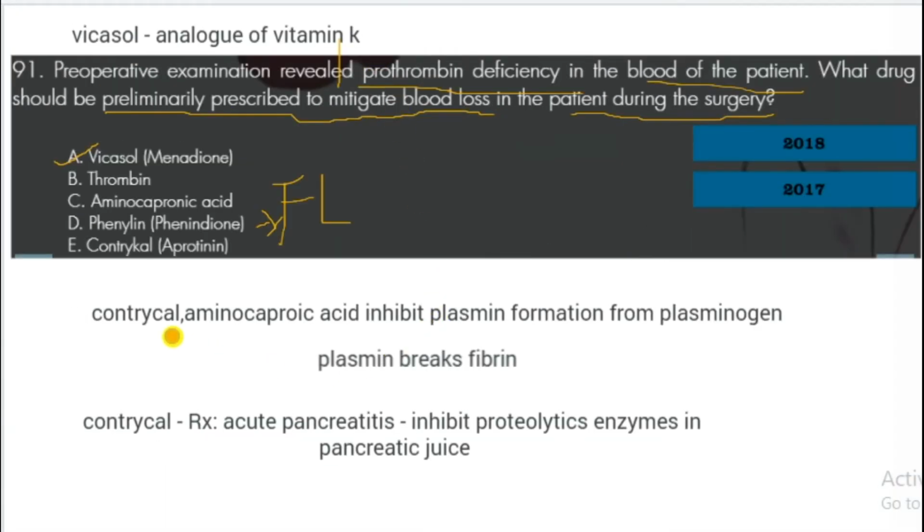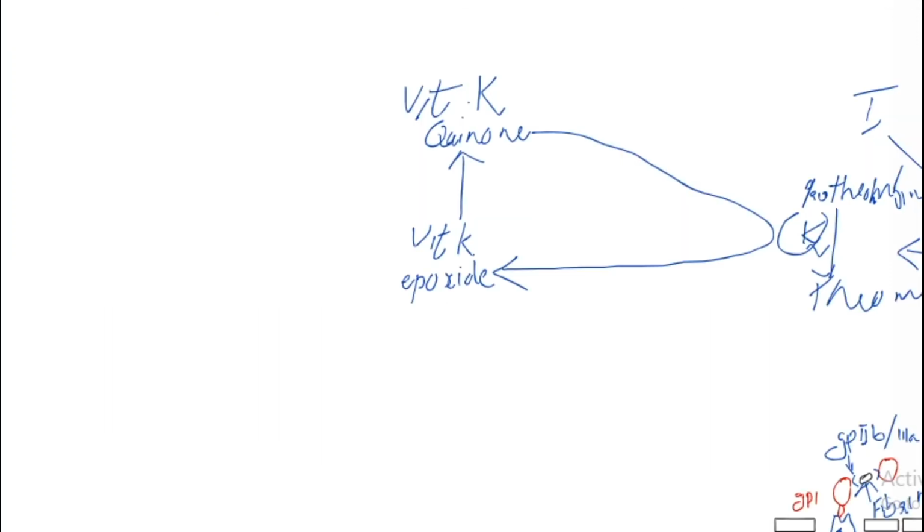So I want to discuss how Contrykal and aminocaproic acid inhibit plasmin formation from plasminogen, and also what the function of plasmin is. It breaks the fibrin. Okay, let's discuss. What we know: we have the intrinsic pathway and extrinsic pathway.